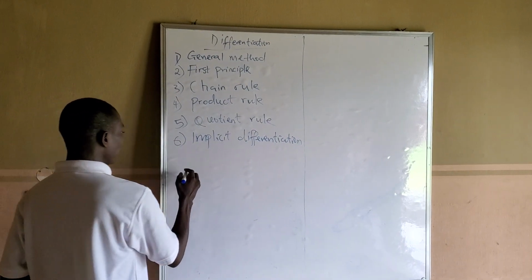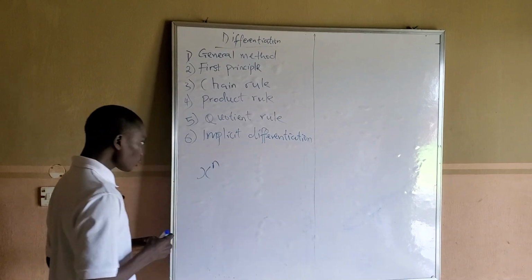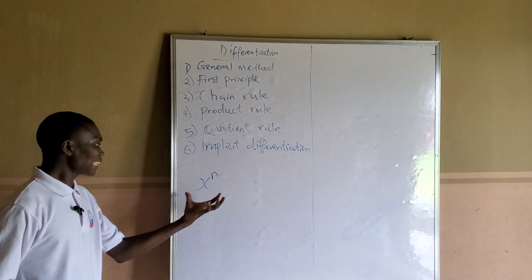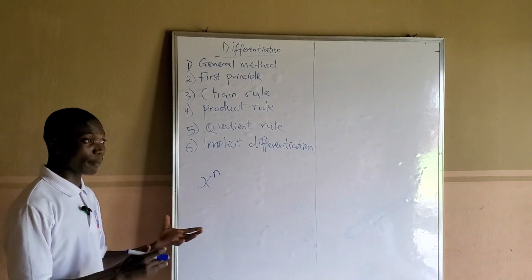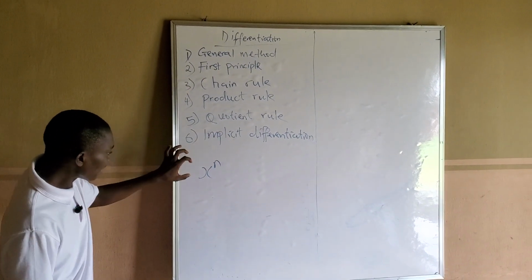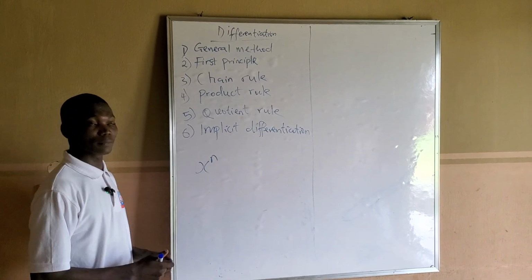let's say, for example, you are given x raised to the power of n, and you are asked to differentiate. By the time you differentiate, this is the general method. You will use this power to multiply this x, then subtract 1 from this power.